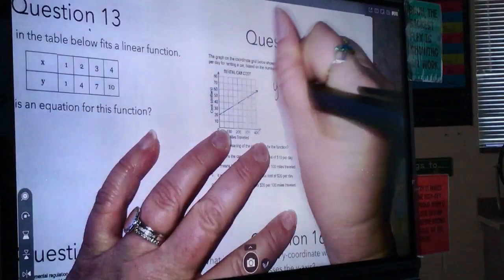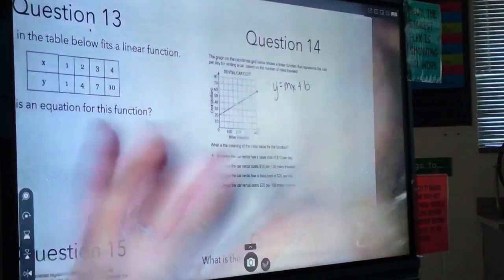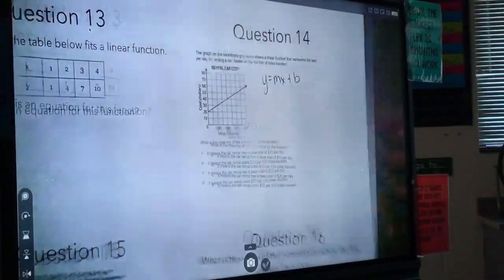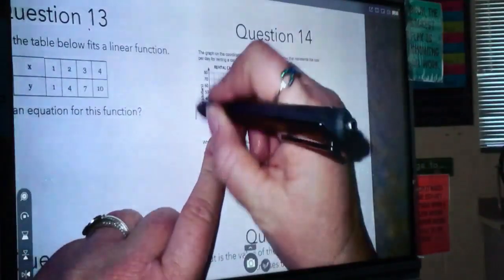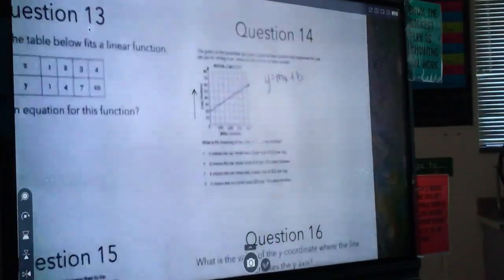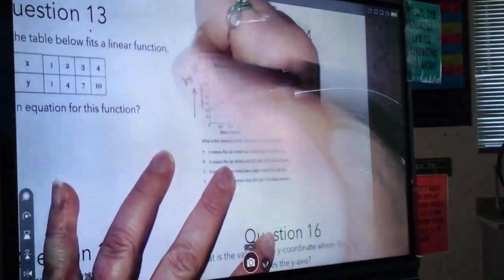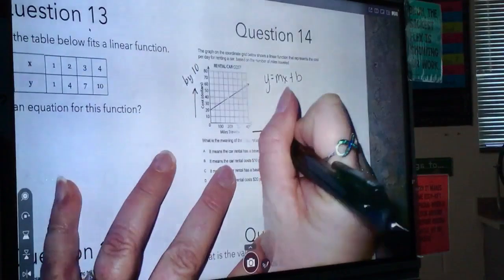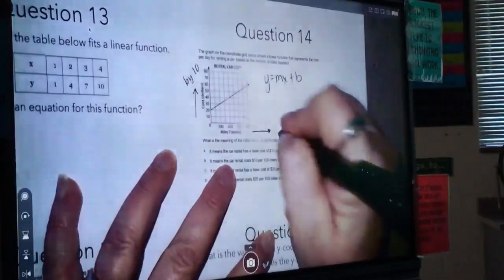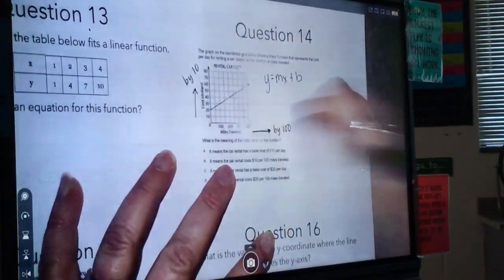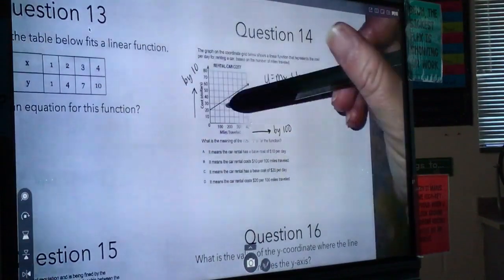Think of it as the y equals mx plus b type of situation. How are we increasing? By 10. And how are we increasing this way? By 100. So that's going to be important. All right. Then what is my y-intercept?